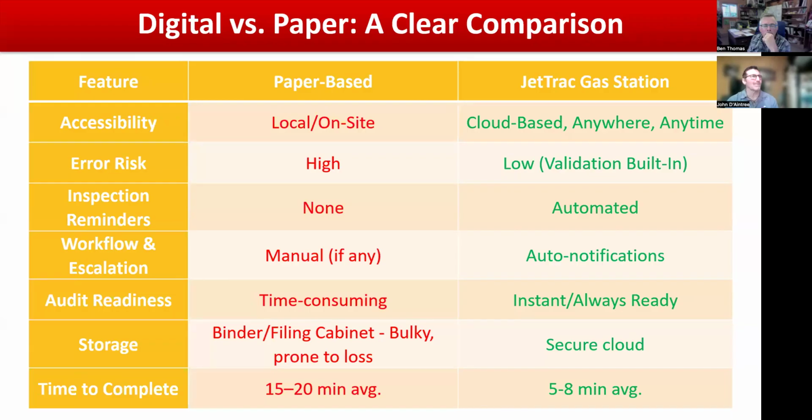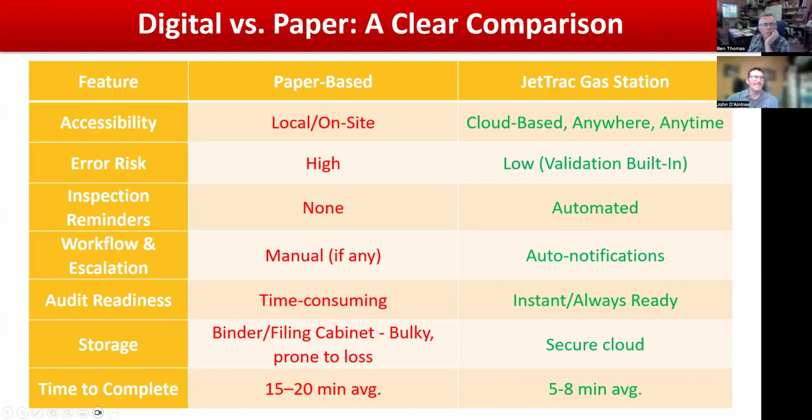Same thing with those escalations. If there is a deficiency, how do we let somebody know about that deficiency and get it repaired? With a paper system, you've got to do that manually somehow. With our solution or with the digital solution, you can set that up so that the person that needs to do that repair is notified automatically.